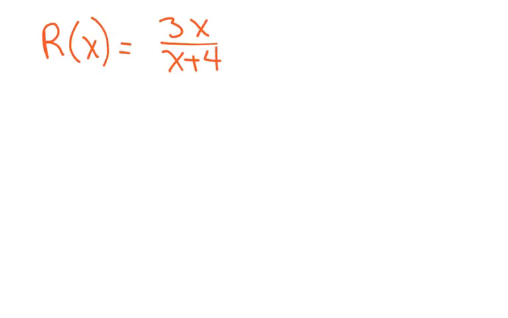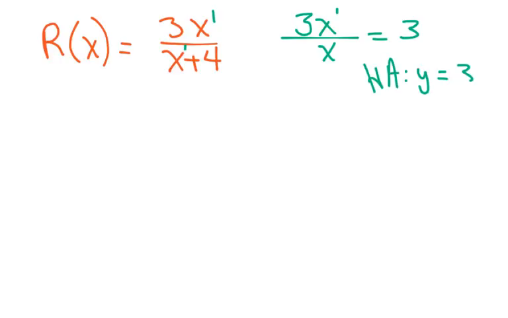Now, the degree in the numerator is the same as the degree in the denominator. So what they want you to do is take the lead coefficients and divide them. So I'm going to divide 3x to the first over x, and that equals 3. So your horizontal asymptote is y equals 3.